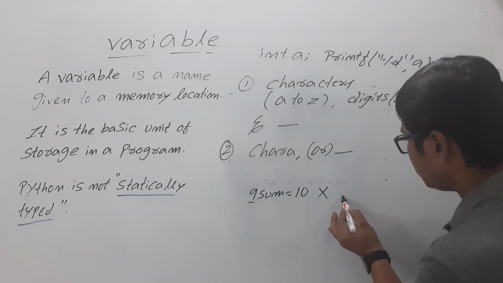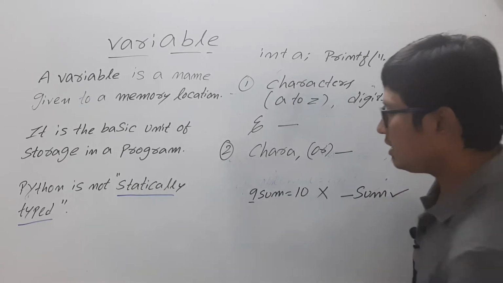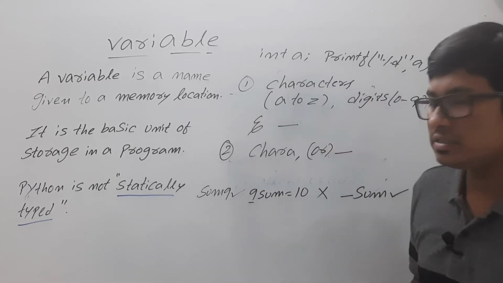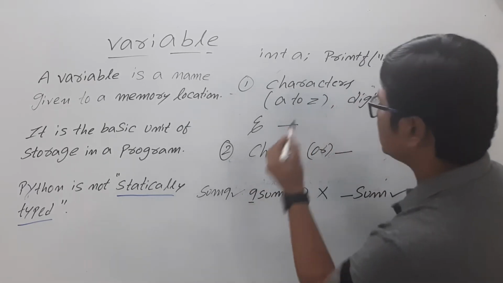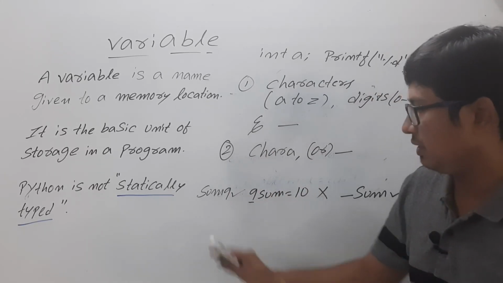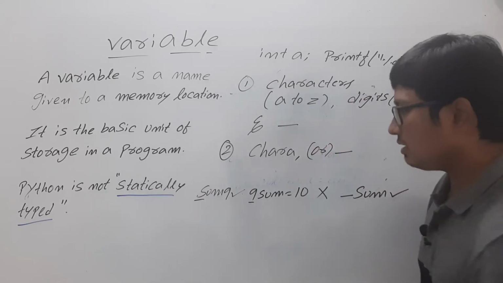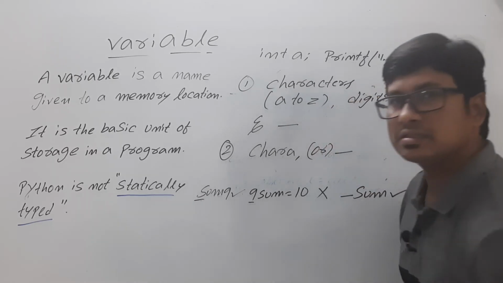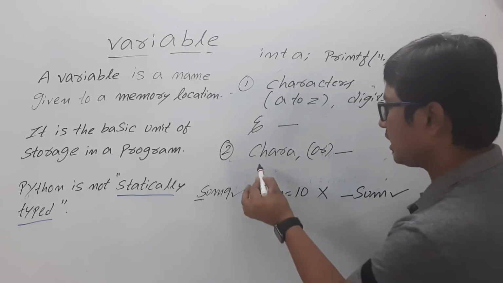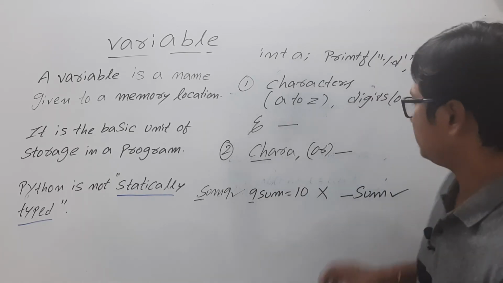Suppose I want to use _sum, this is a valid variable. Similarly, if I use sum9, it is valid because it is a combination of characters and digits. Okay, there is no underscore in this one, and the first alphabet in the variable is a character. So the first character in the variable can be a character or an underscore. It should not be a digit.